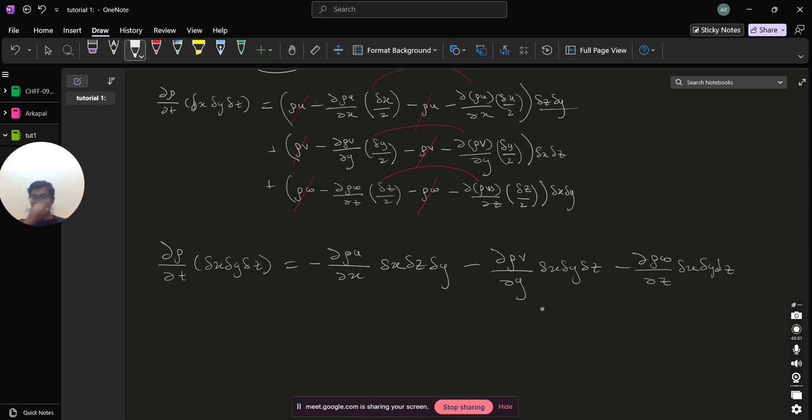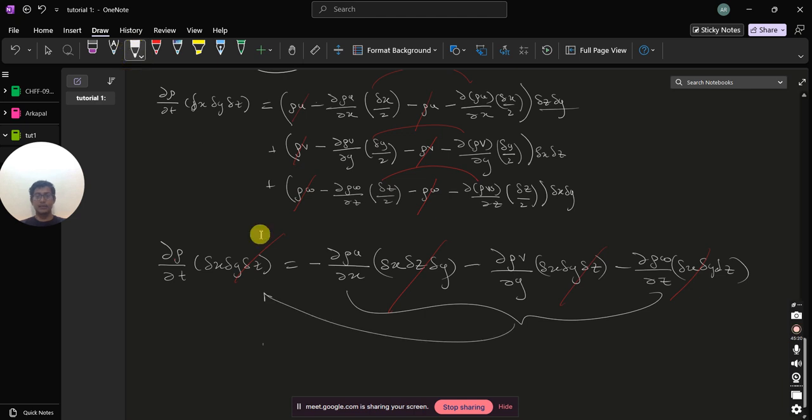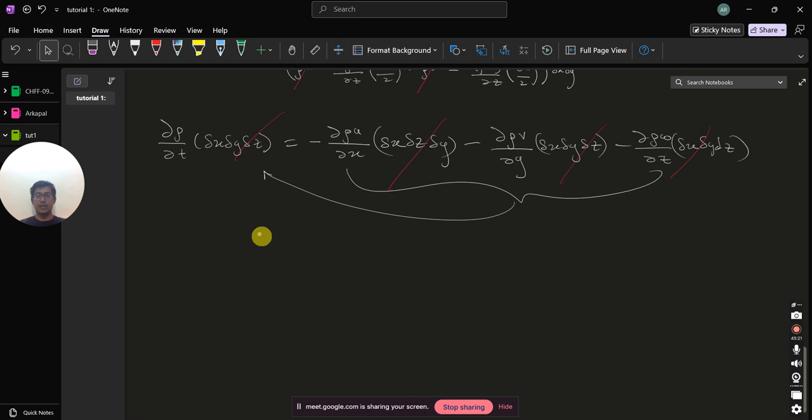Okay, and these terms are nothing but the volume, and it is there in all terms, so we can just cancel these terms, and we can finally take this whole thing to the left hand side and assemble the equation to get the final mass conservation equation.